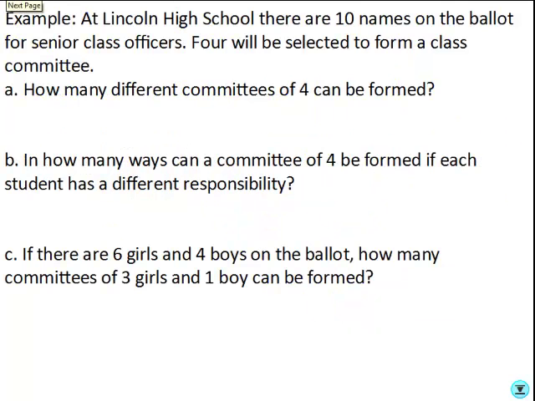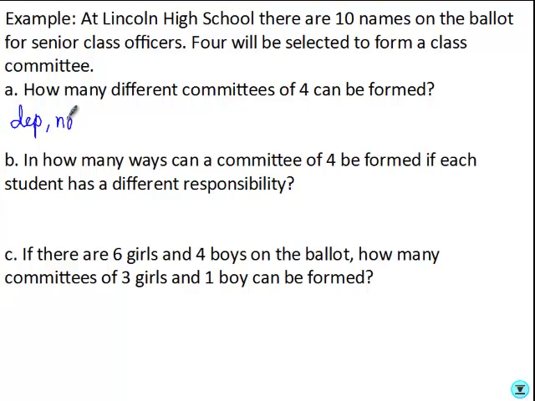Okay, so we're going to do a problem now that involves combinations and permutations. We've got to keep this stuff straight. Okay, 10 names on the ballot for senior class officers. 4 are going to be selected for a committee. Now, we're choosing 4 for a committee. We don't really care which order we pick them in because they're just going to be committee members. So it's dependent because you can't pick the same member twice.